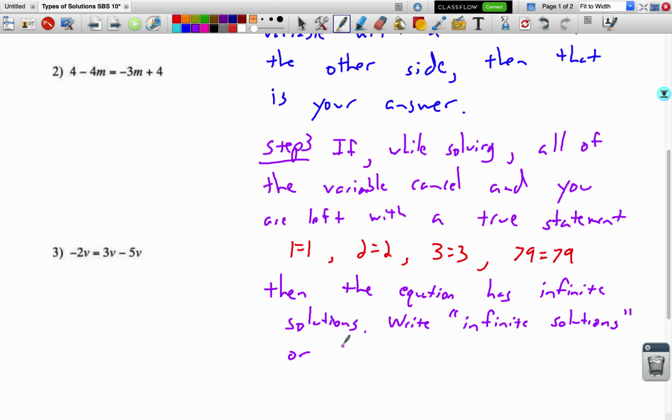Or x equals this fancy R with an extra line through the middle. That stands for all real numbers. When solving linear equations, when this happens, it means that our variable is equal to every single number, or every single number could be the value of the variable and the equation would still be true. It's another way to think about it.